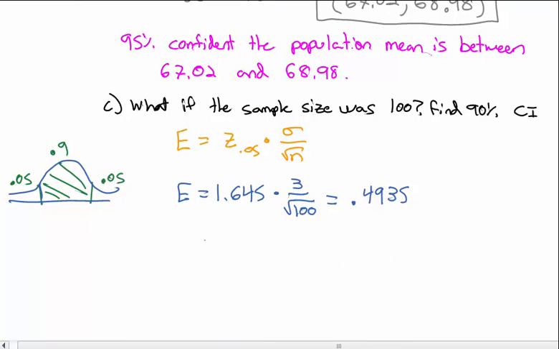So now we say our mean was 68, plus or minus the error of 0.4935. So if we subtract it, 68 minus 0.4935, we get 67.51. We can round it. 68 plus 0.4935 is 68.49.